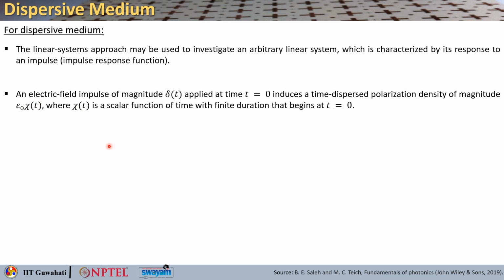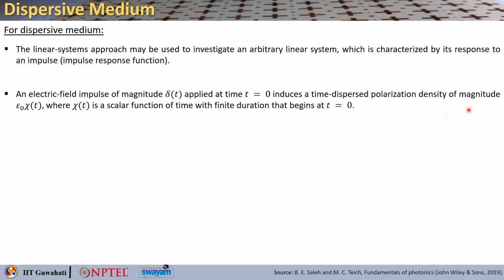So if you consider an electric field impulse of magnitude delta(t) applied at time t equals 0, that will induce a time dependent polarization density of magnitude epsilon naught chi(t). So this chi(t) is basically a scalar function of time with some finite duration that begins at t equals 0.